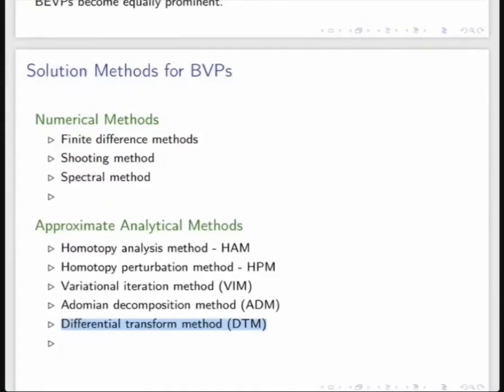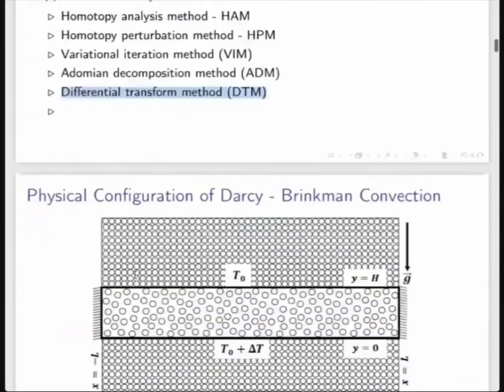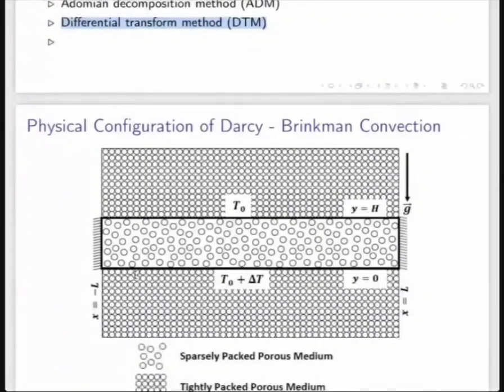All right. So with this brief introduction, I will just move on to the next item in the presentation, which is the mathematical formulation of the instability problem.